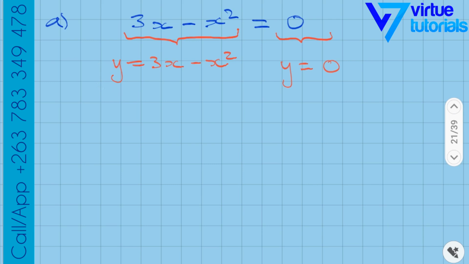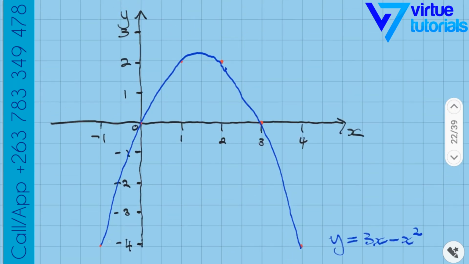Now, this you can easily draw, right? Table of values, then you complete the table of values, then you come up with the points, then you draw the curve. There's not much need to worry about this, because this question usually comes after you have already drawn the curve y is equal to 3x minus x squared.